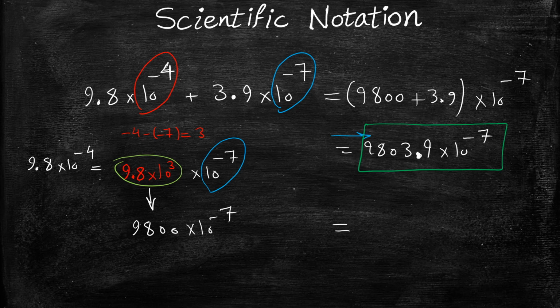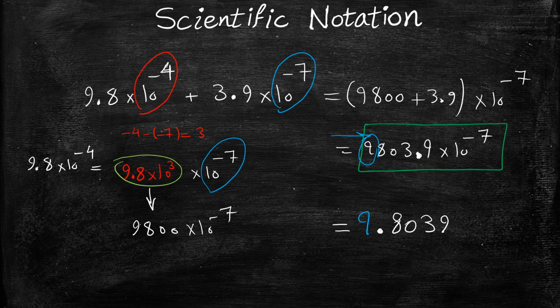The first non-zero digit is 9, so I put 9 and then the decimal point, and then whatever digits exist till the end. 8, 0, 3 in between count, remember that. So 3, 9, and then after 9 there are no more digits, so we don't write anything. Continuous zeros after the last non-zero digit don't count. It doesn't matter if you write them or not, the number is the same.